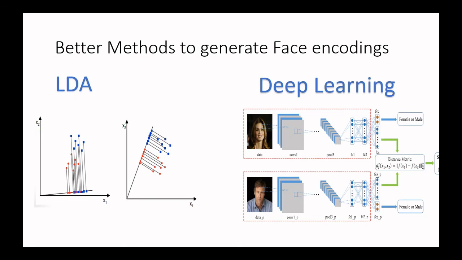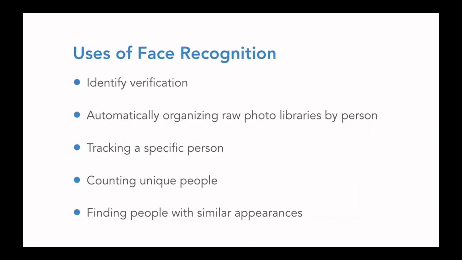The other is to use a deep neural network to generate image encodings. Face recognition has obvious use in security, surveillance, and access control, but it can also be used to organize photo libraries, to find lookalikes in hospitality, recreation, and retail, and also to count the number of people.